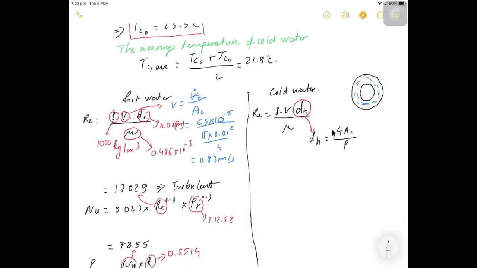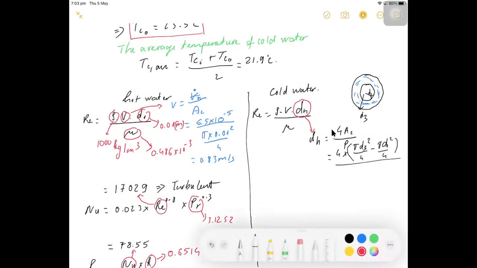Okay, so this one will be 4 times, this one is D2 and this one is D3, pi D3 square over 4 minus pi D2 square over 4, divided by the perimeter, which is this one plus this one.